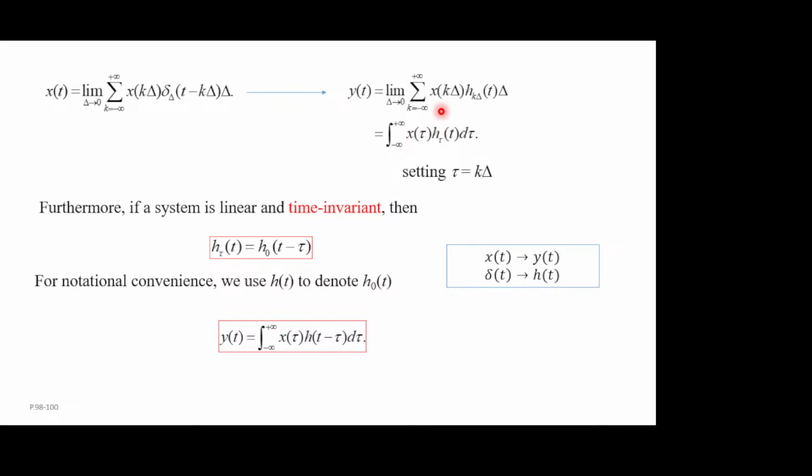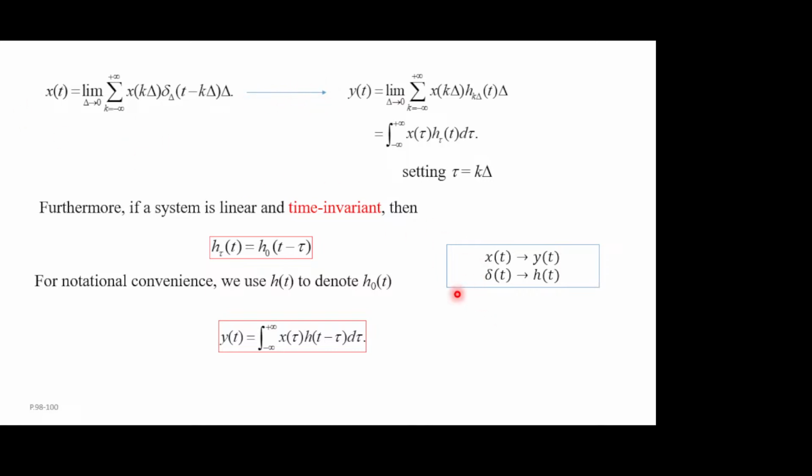So y of t equals the integral from minus infinity to infinity of x of tau h of t minus tau d tau. And remember, this arrow represents our system.